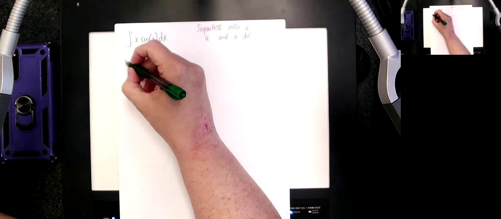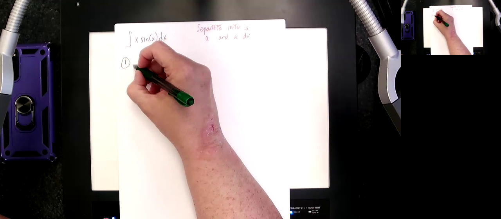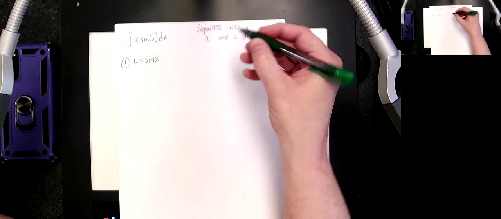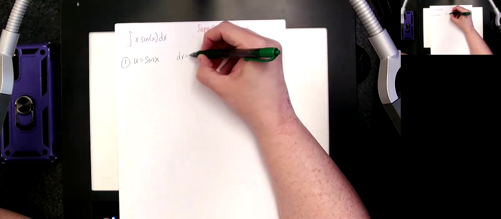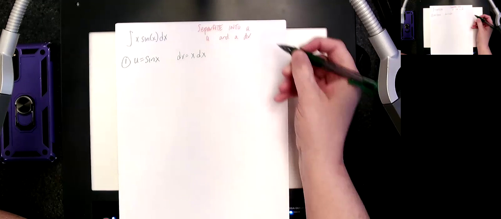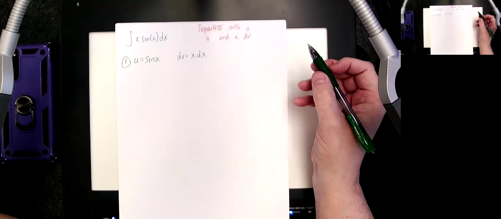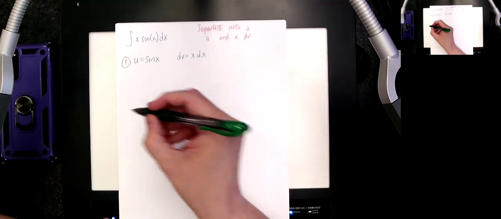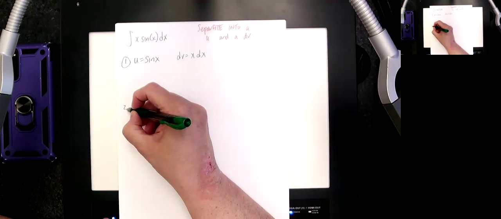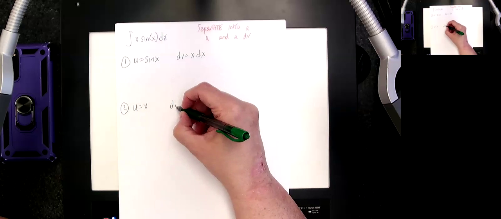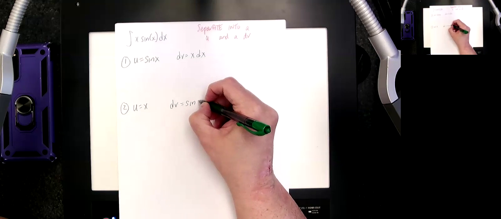So option 1, I can let u equal sine x, and I can let dv equal x dx. And the other common way that you'll look at it is doing u equals x and dv equals sine x dx.